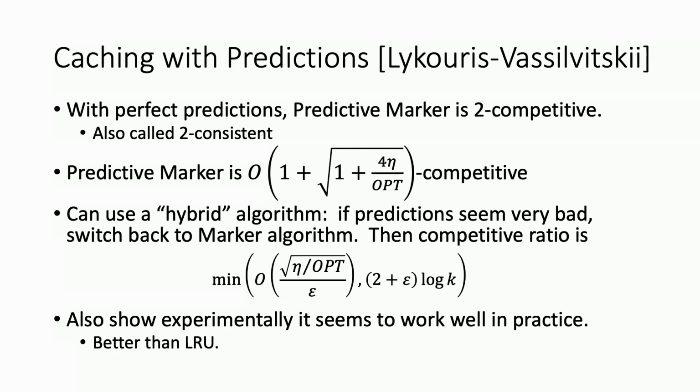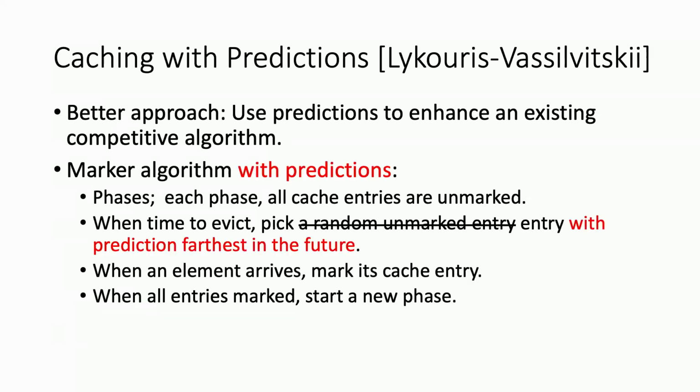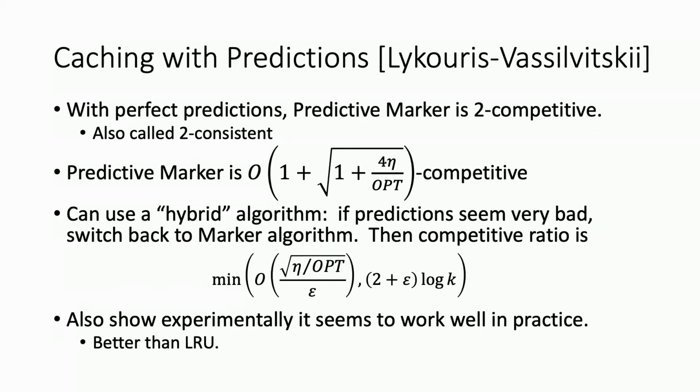So that's the 2 plus epsilon log K type result. Because the original marking algorithm was roughly 2 log K, they get a bit worse than that. And they show that this works, even with very simple predictions, they can do better than things like LRU, least recently used, in practice.